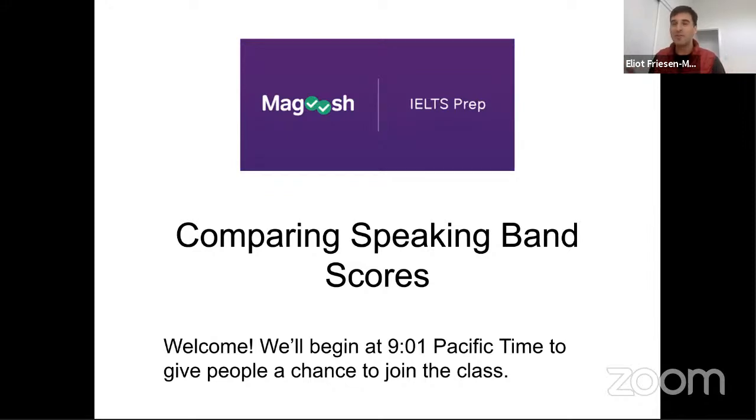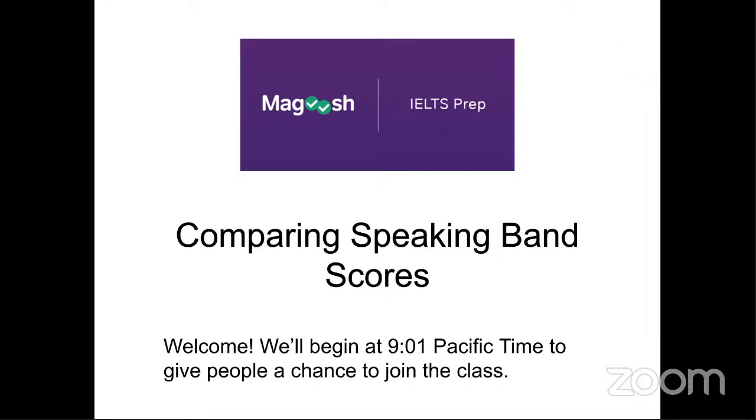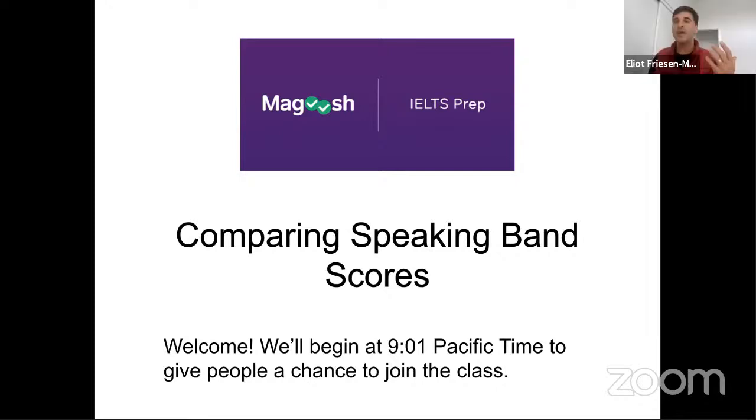We're going to go through a bunch of different stuff today, and I'll have you working on a few things as we go through it. Mostly here, we're going to be talking about speaking band scores and trying to think about how we can understand the difference between a sort of average score, a level 6 band score interview, and a much higher scoring interview at band score 8.